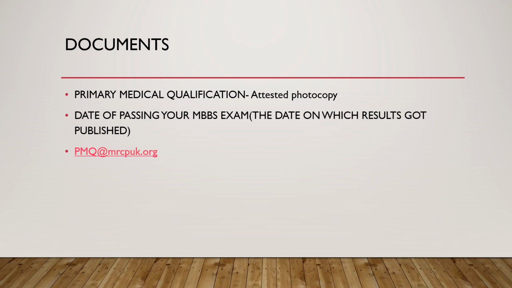The date on which the results got published is the date that you have to enter. This primary medical qualification should be mailed to pmq@mrcpuk.org. After creation of the account, when you're applying for part 1, you have to mail your PMQ to this mail ID.